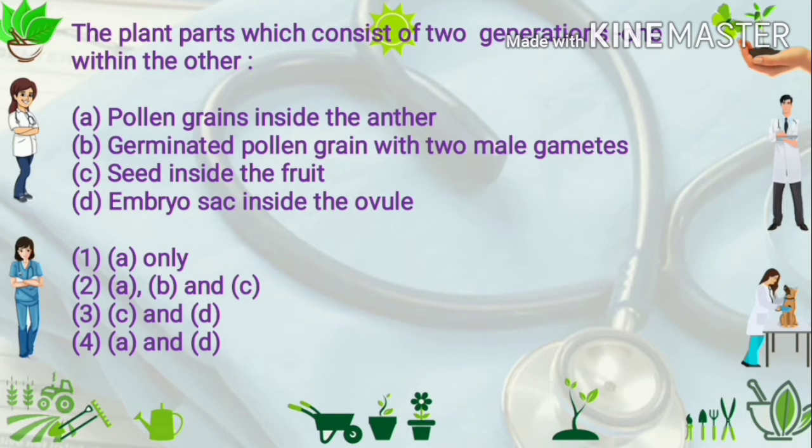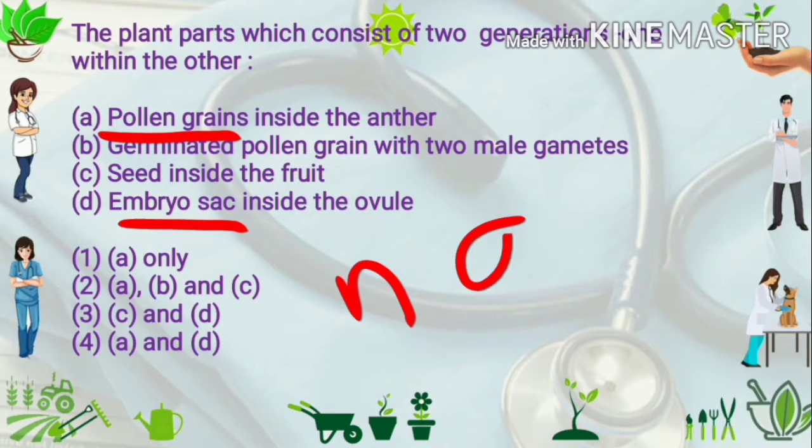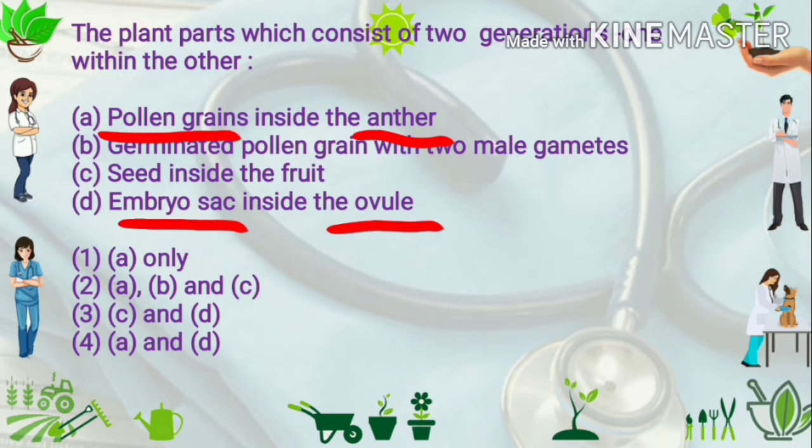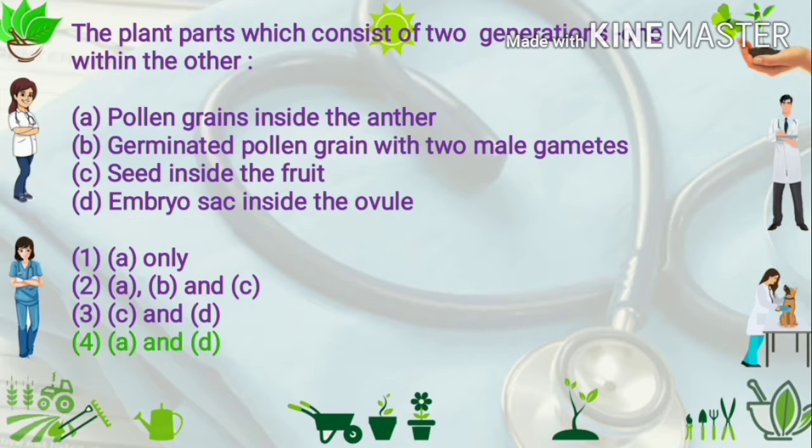In these options we can see that the pollen grains and the embryo sac form the haploid gametophytic generation, whereas the anther inside and the ovule inside form the diploid sporophytic generation. So the answer is D. Pollen grains inside the anther and embryo sac inside the ovule.